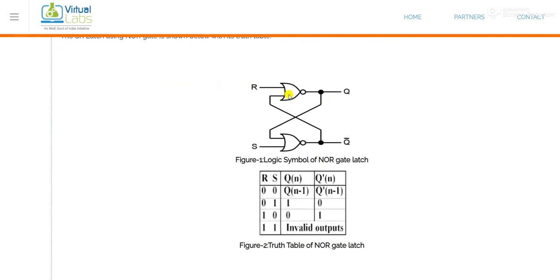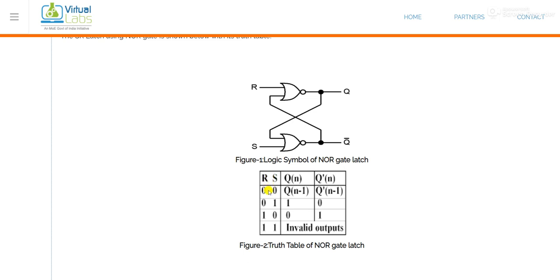So the circuit diagram says that there are two NOR gates and they are connected in such a manner that the output of this gate is the input of the second gate, and the output of this gate is connected to the input of this first NOR gate, and there are two inputs R and S. Okay, now there are two outputs. These two outputs are in complement form, that is Q and Q bar.